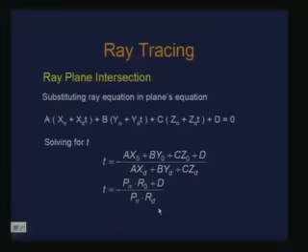Now, before you explicitly compute t, you need some word of caution. You do not want the denominator to go to 0. If this is 0, what does it indicate? The ray is parallel to the plane, and therefore there is no intersection.